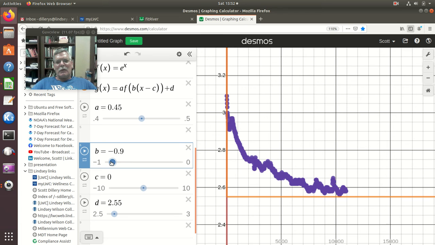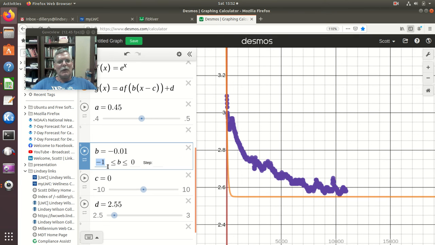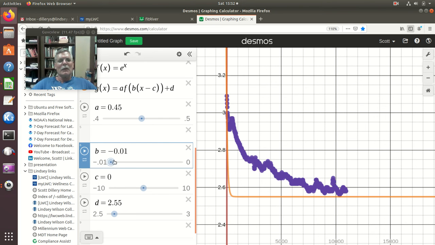And so now I can start sliding this back towards 0 to see if I can get that kink out of it. It's still, oh, finally it's starting to move at minus 0.01. Oh, well, so I'm going to make this minus 0.01 and keep sliding it.